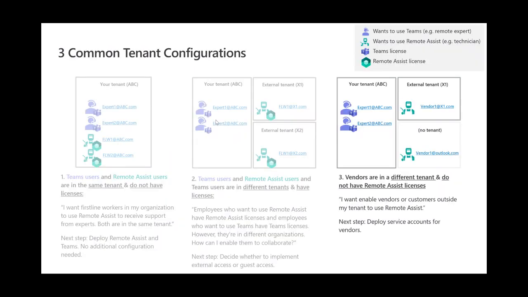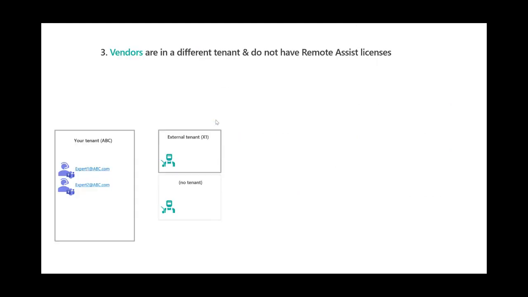If this is your scenario, you should look into deploying service accounts for your vendors. So when you have this sort of scenario, this is what the different tenants look like at the beginning. And now let's see step by step what happens and what you need to do to set up service accounts. So the first thing you need to do is create service accounts. Sorry, you being ABC, the ABC tenant needs to create service accounts in their tenant.